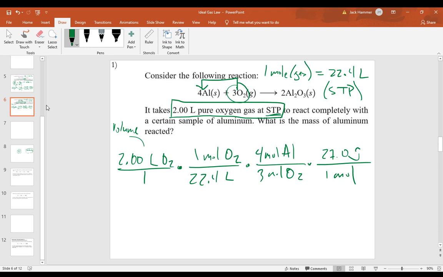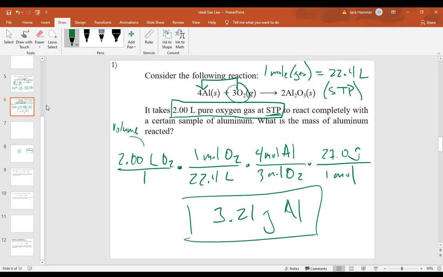You take 2 divided by 22.4 times 4 divided by 3 times 27, and I'm getting 3.21 grams of aluminum. Okay, so hopefully you're doing okay. Again, watch out: if you have STP, then you can make use of this conversion factor.